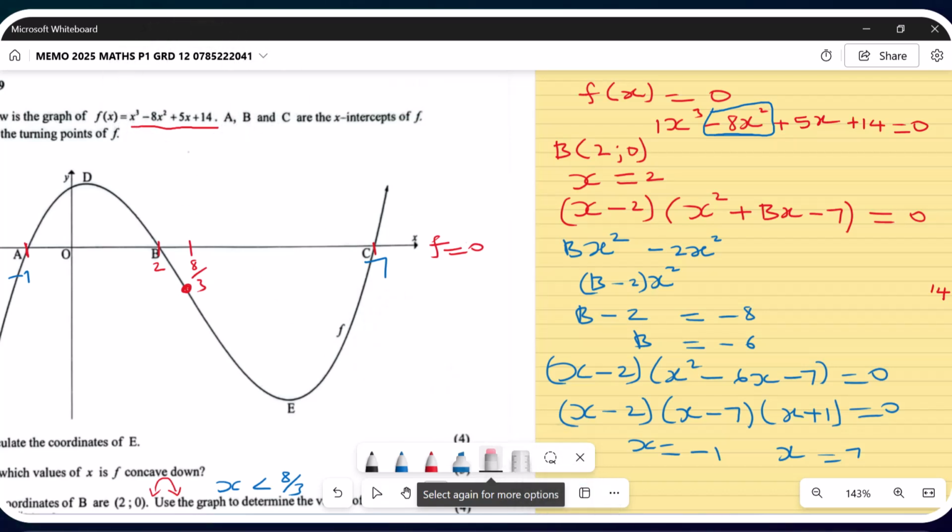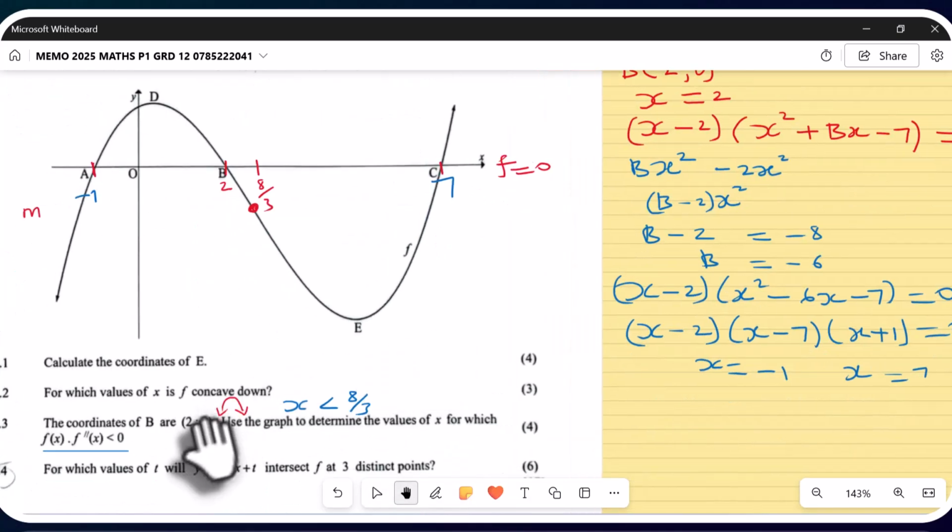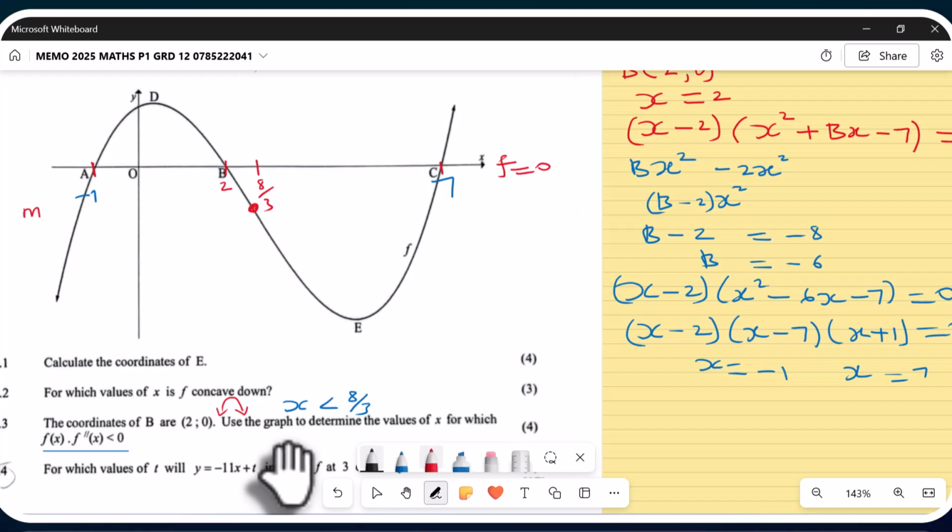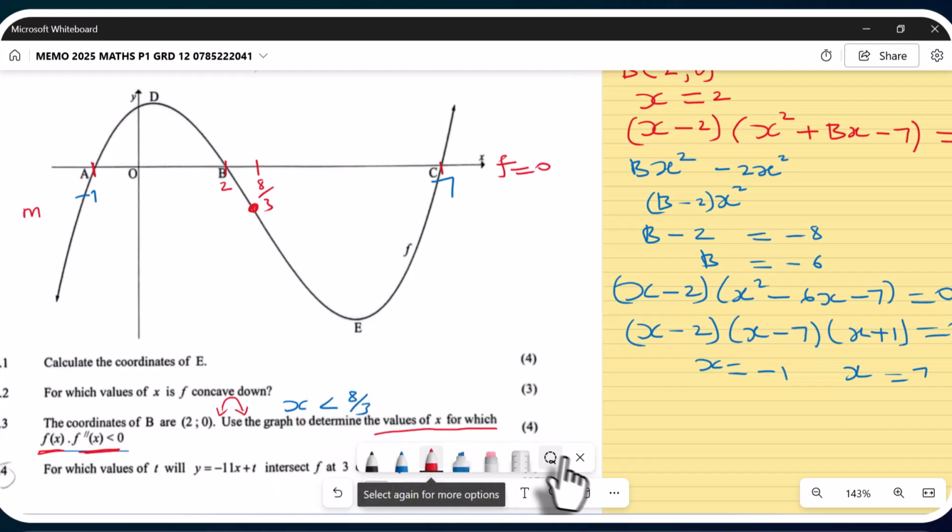Now to do this properly, our second derivative which we got, we can get it again here so we can see properly. So here our first derivative is f prime equals 3x squared minus 16x plus 5.